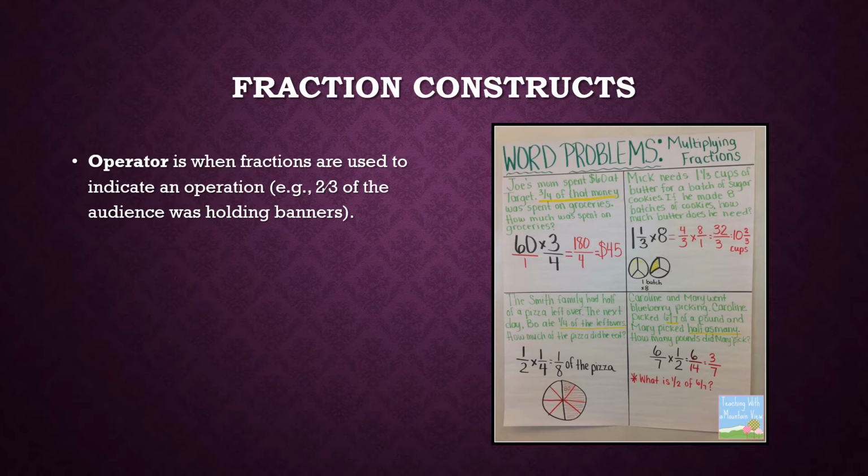So 3/4 of $60, or 60 times 3/4. And then we would multiply straight across and get our answer. Right now, the important thing is not learning how to multiply, it's learning how to understand that when we hear the language, a fraction could represent part of another number.